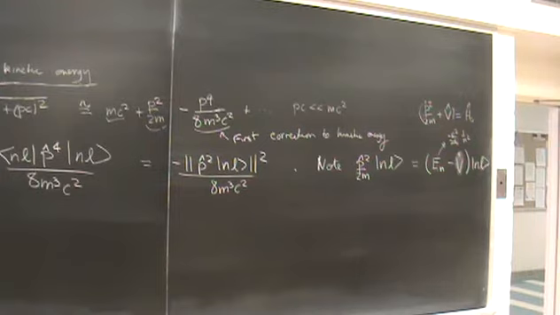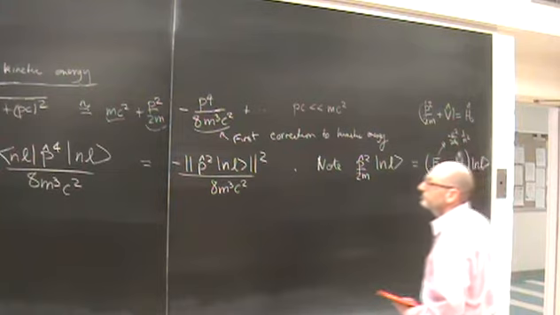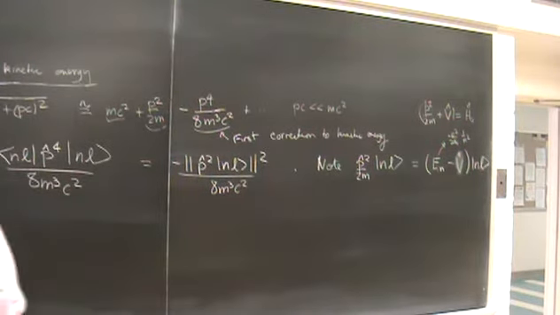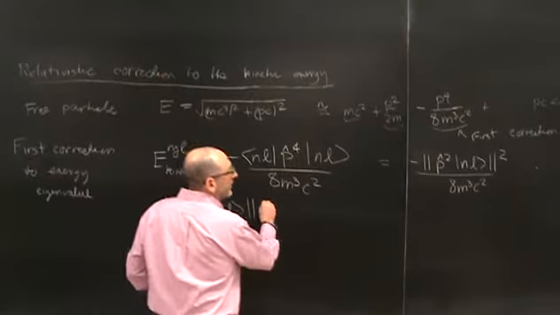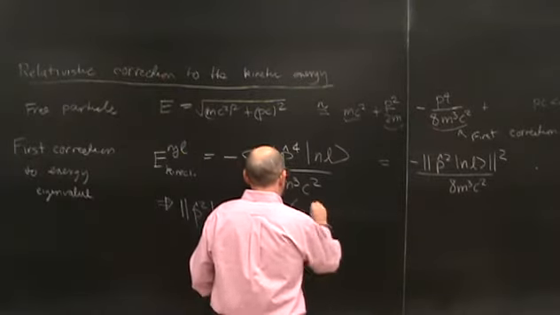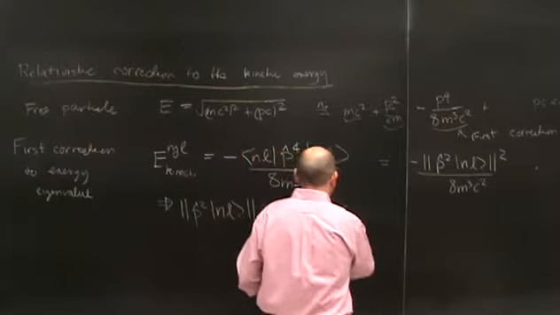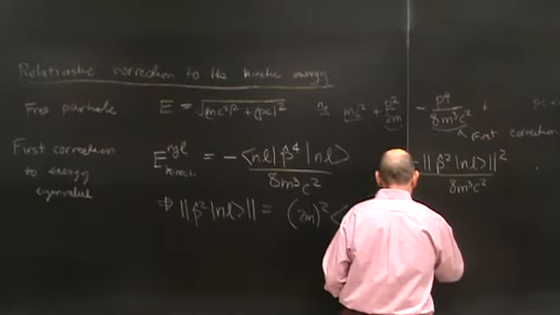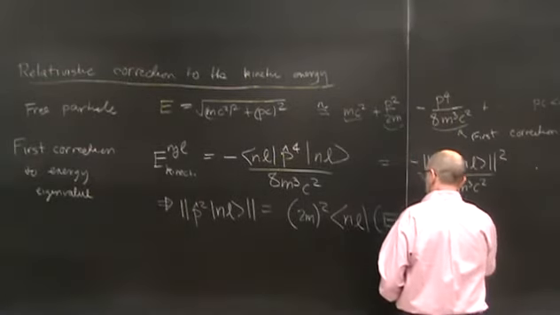So let's put that together. I'm going to get rid of the units soon. That tells me that the norm of p squared acting on this is equal to 2m squared times the expectation value of E sub n minus V squared.